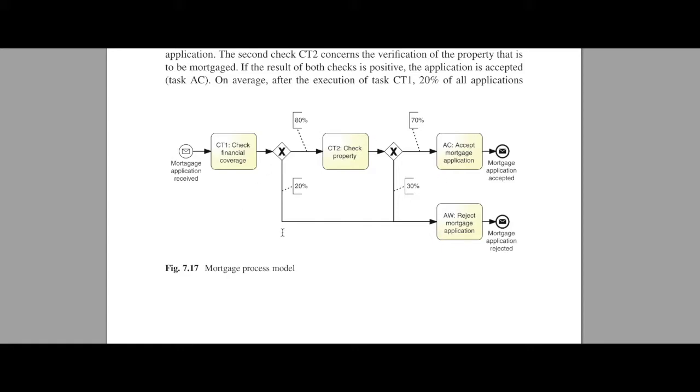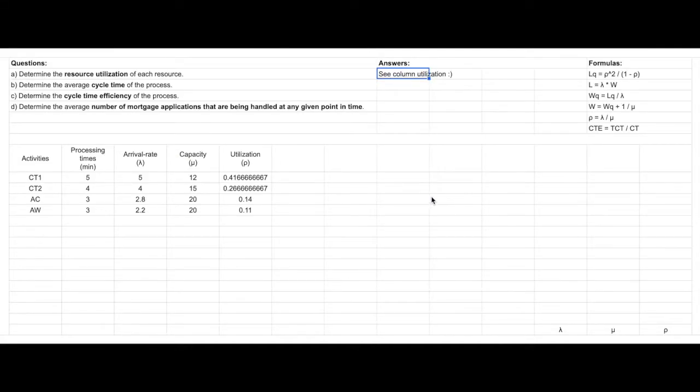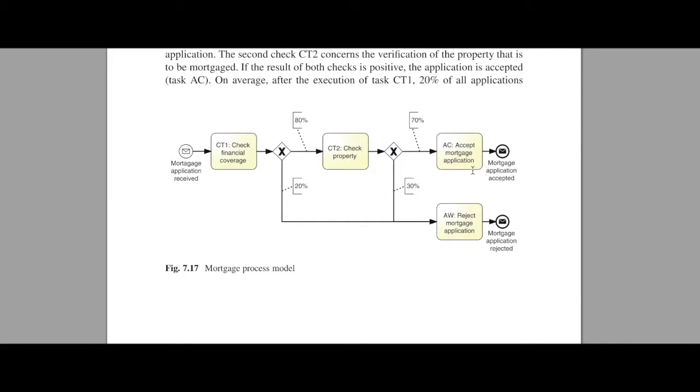Okay, so let's first find out the probability of each activity happening, and we're going to need to add another column here. To do so, the reasoning is similar to the one we did to calculate the arrival rates. I hope you remember.